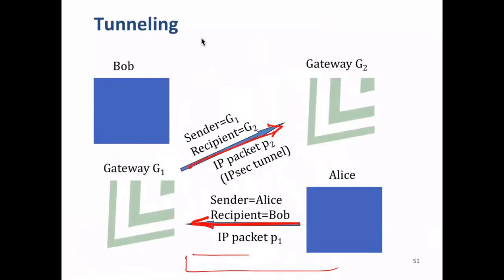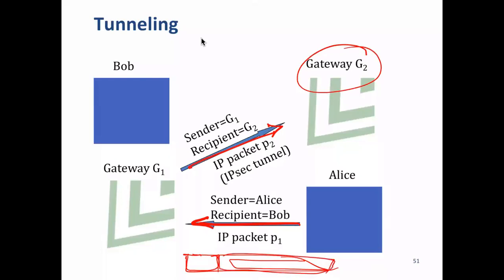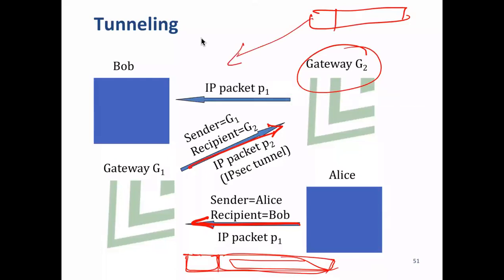After encapsulation, the destination IP address in the added IP header, because the original IP packet is inside, will be that of gateway G2. Once gateway G2 receives this, it does all the processing, removes the outer header and gets the original IP packet back. It looks at the destination and sends it to Bob. So the original IP packet then goes to Bob.